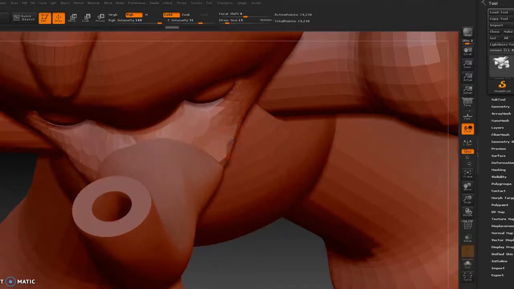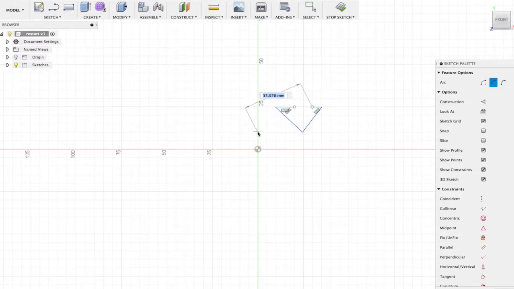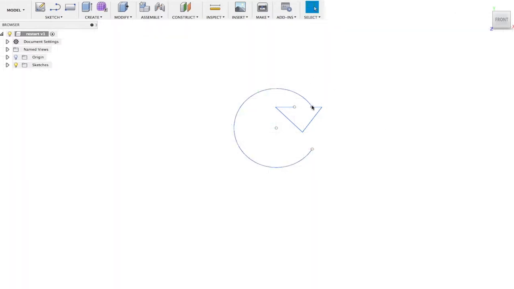Going back to my CAD foundations, I did a lot of the diegetic pieces in Fusion 360 because I'm familiar with the software and it's very easy to be precise.